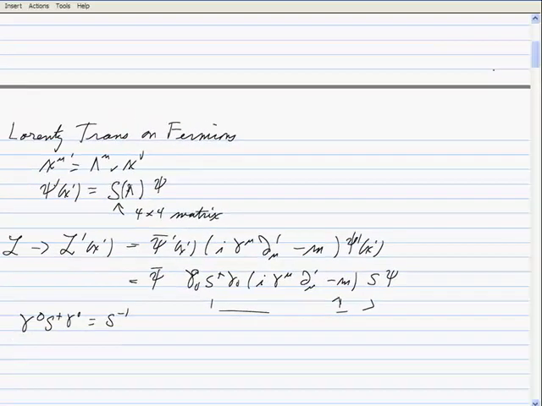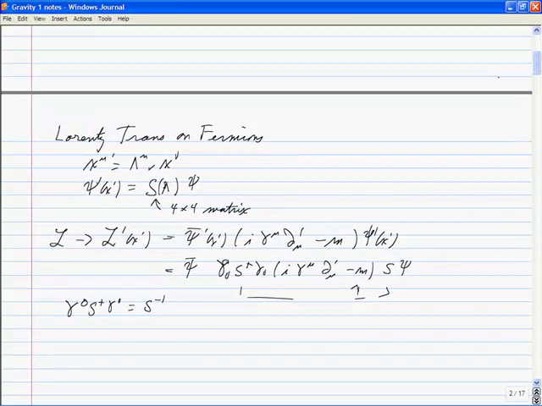But then you also have a condition on the gamma matrices. We need S^-1 γ^μ ∂'_μ S to be γ^μ ∂_μ.